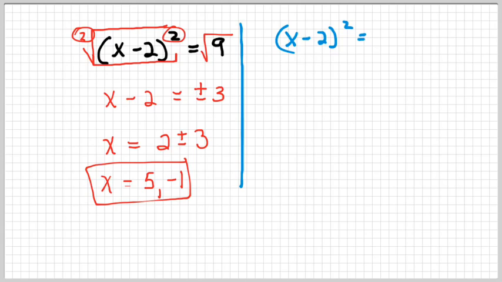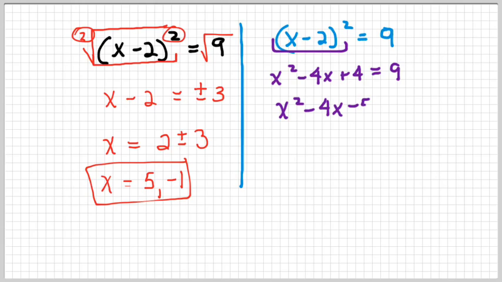And the brute force method looks like this. That would be to square the binomial. When I square it, I'm going to have to FOIL it together, and I get the following trinomial. Then I'd have to get it equal to 0. Then I'd have to factor it.